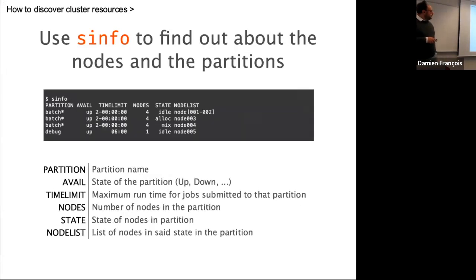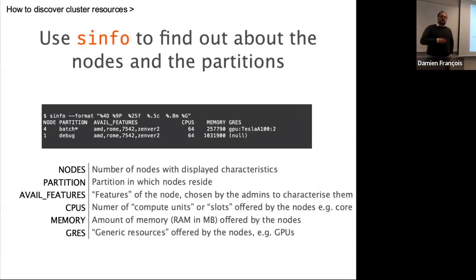Any questions about sinfo? No? So just like other Slurm commands, you can choose the columns. You see here the --format option, which allows you to choose the columns. And if you have been writing code in C or C++ or many of the other languages that know about format strings, this is a typical format string.